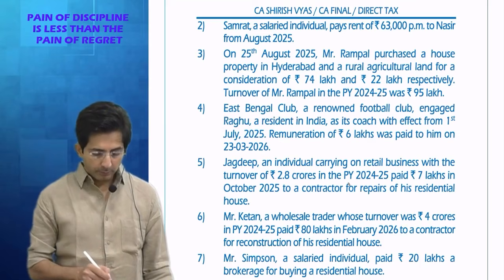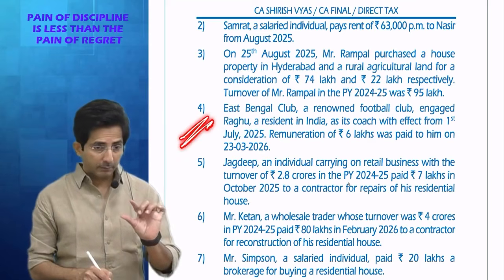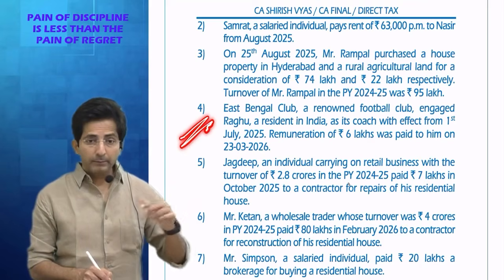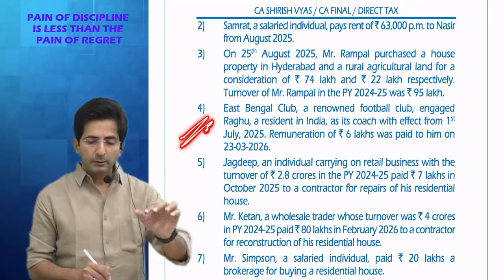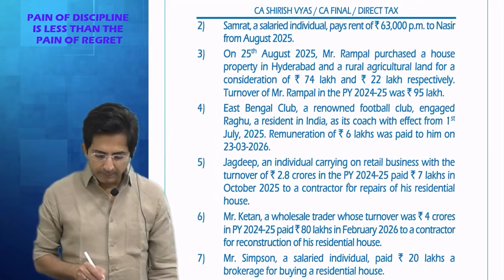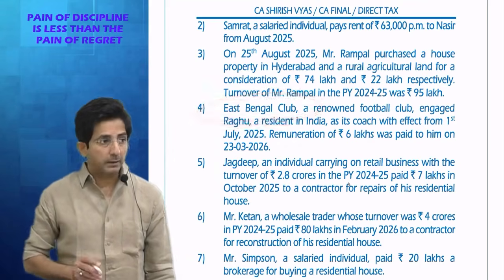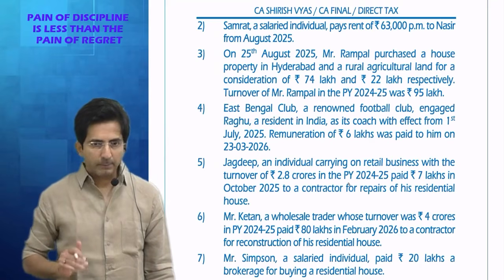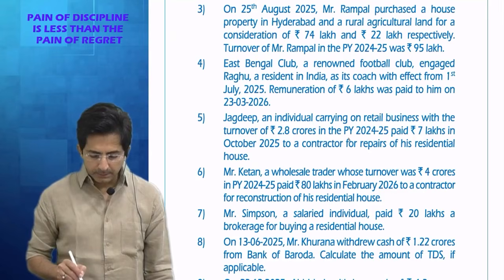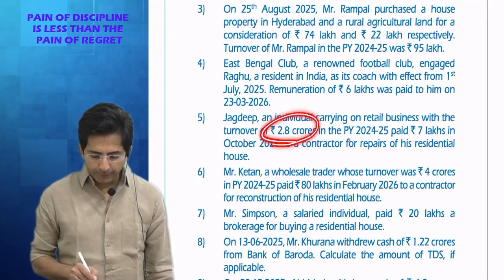But did you think about the fact that it is a Rachis point? Whenever you come across a point of Rachis, you always have to check small individual HUF. But here anyways, the payer is not an individual HUF, it's a club. So TDS will apply.